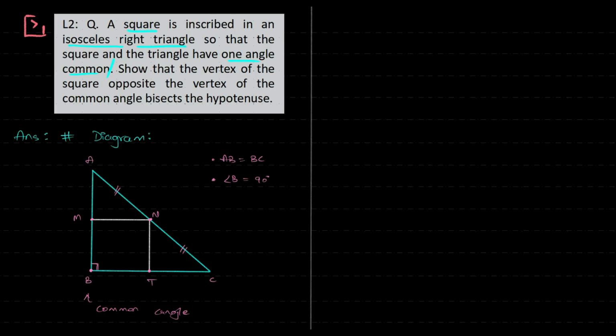Okay guys. So first let's consider triangle ABC, an isosceles right triangle with the following facts, that is angle B being equal to 90 degrees, and AB being equal to BC.